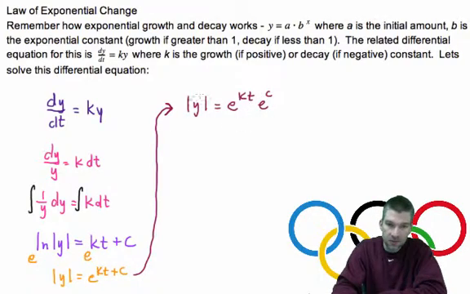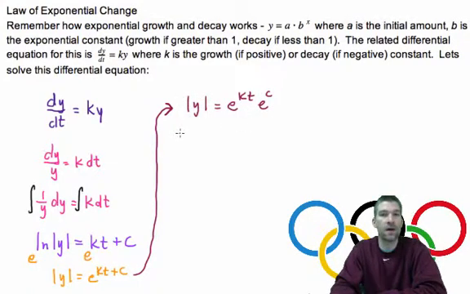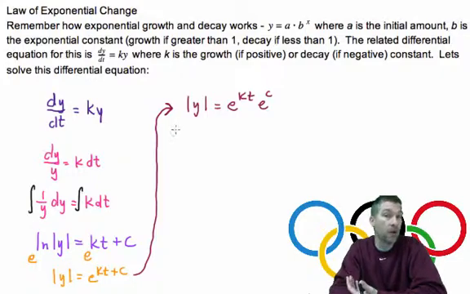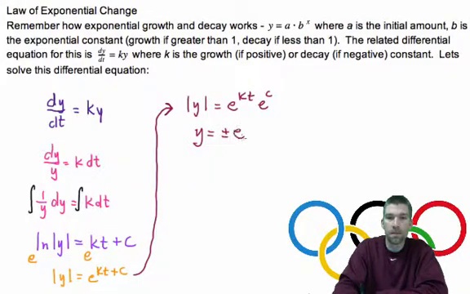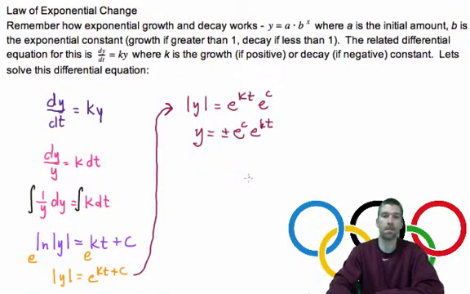Now let's address this whole absolute value thing. Absolute value says we've got to be either positive or negative. It doesn't matter too much. So the next step would be to change this c part to account for the positive or negative. This is going to look really weird, but hang in there. y equals plus or minus e to the c times e to the kt.